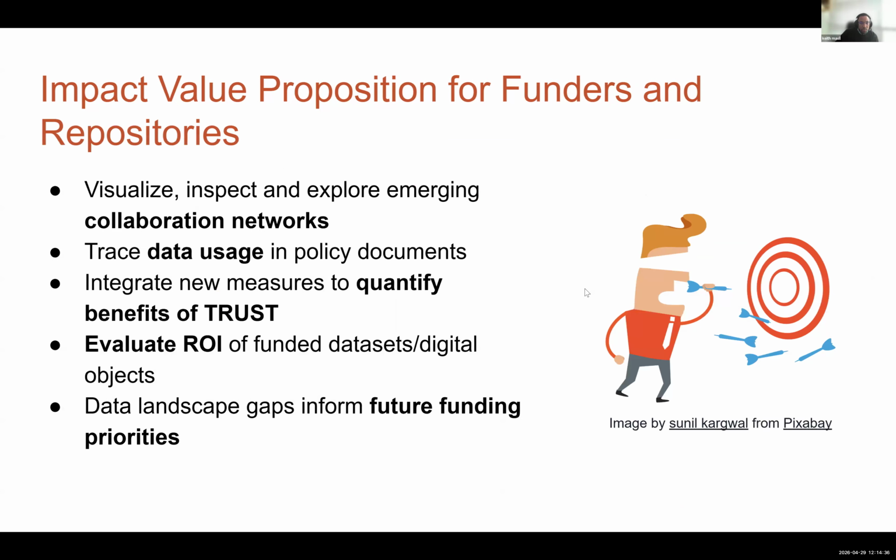So for the value proposition for funders, repositories together allow you to think about how you could build, say, collaboration networks. This is something that Matt and I have worked on here at our organization, to think about how do these resources flow between institutions, and how does one institution's development of a particular research outcome flow into others.